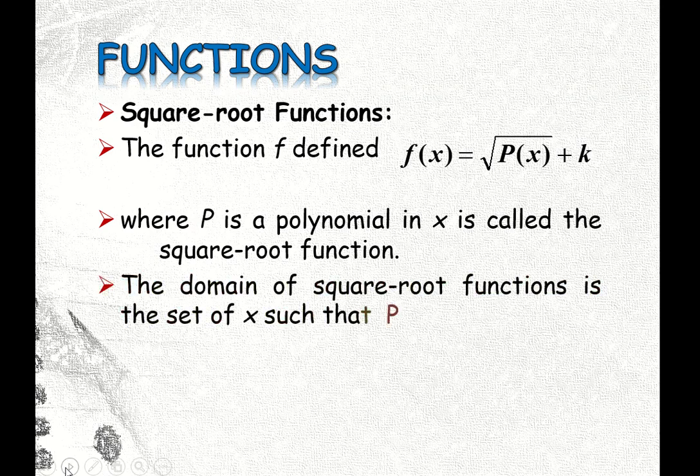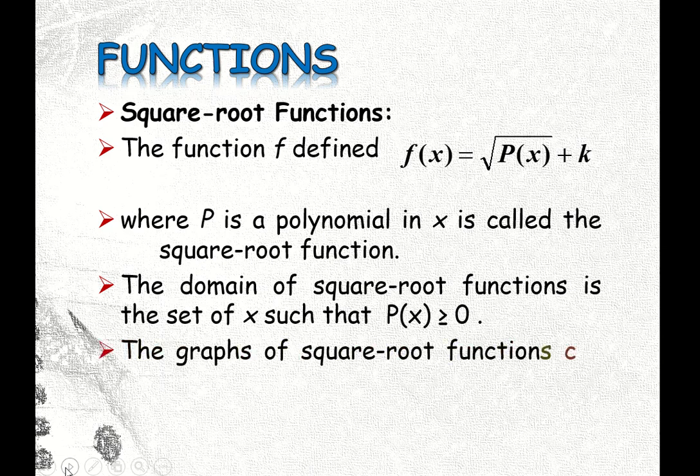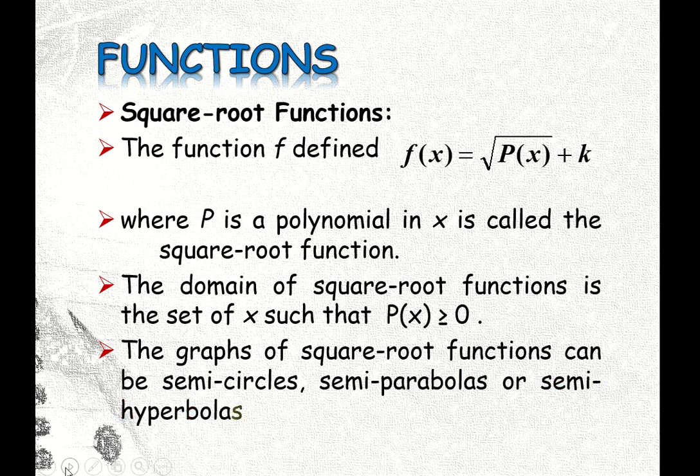The domain of square root functions is the set of x such that p sub x is greater than or equal to 0. The graphs of square root functions can be semicircles, semiparabolas, or semi-hyperbolas.